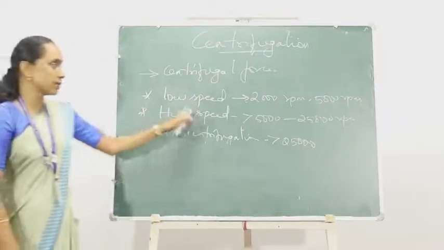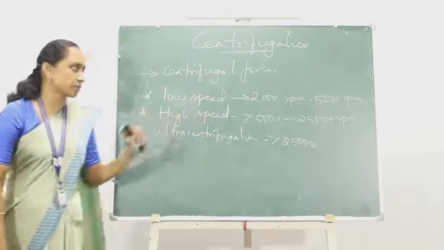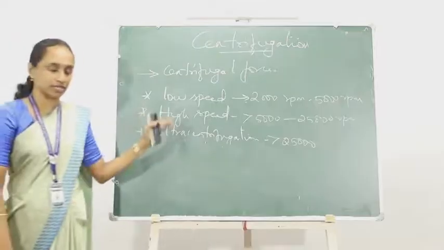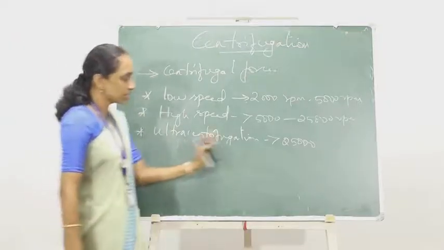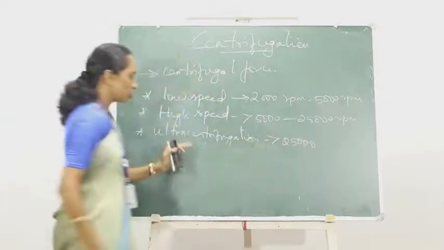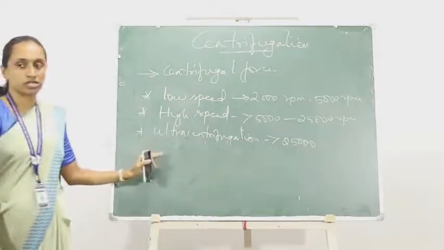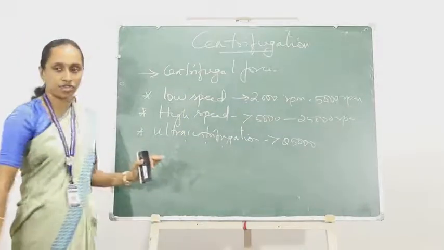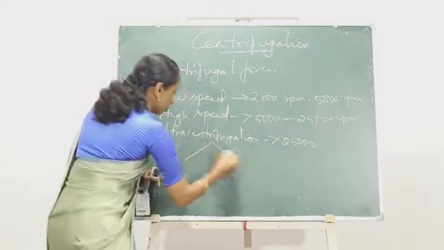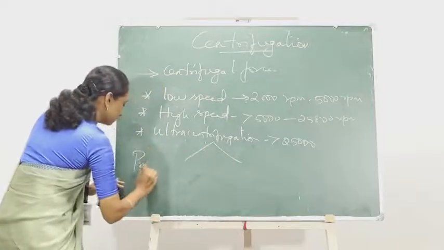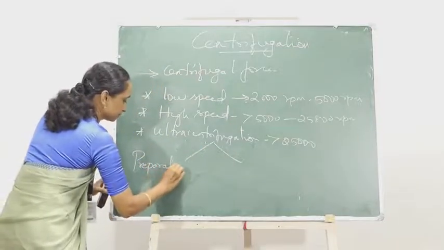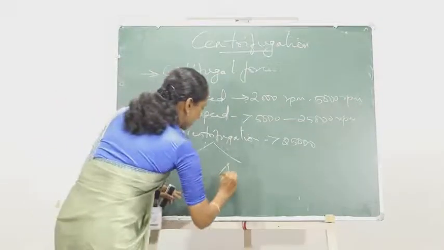Now coming to high speed centrifuges, the examples are the cooling refrigerated centrifuge and ultra centrifuge. The most commonly used centrifugation in labs is ultra centrifugation, and it is of two types: one is preparative, the other one is analytical.